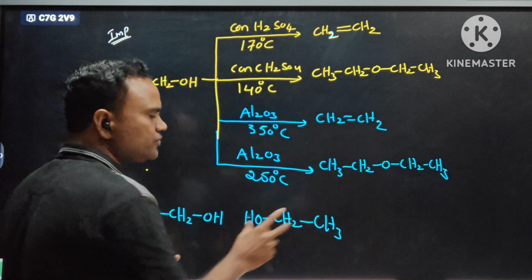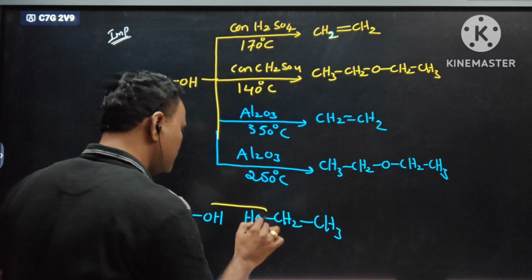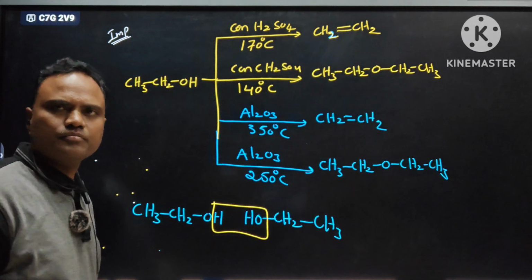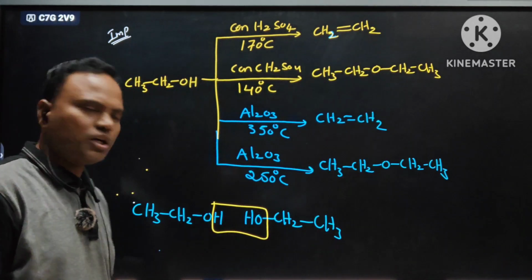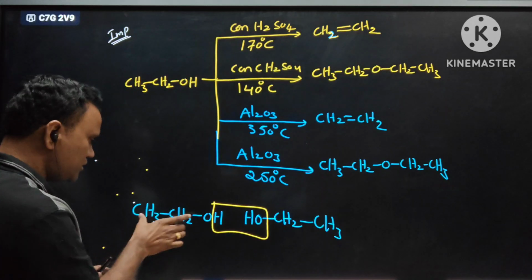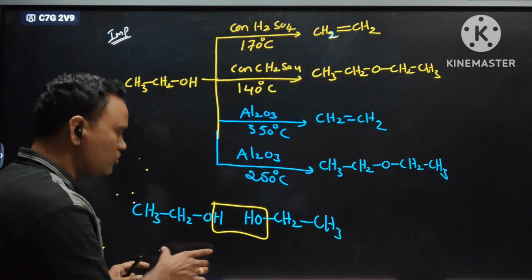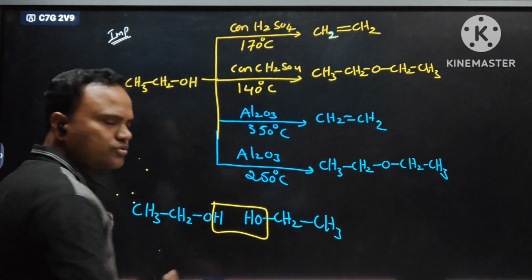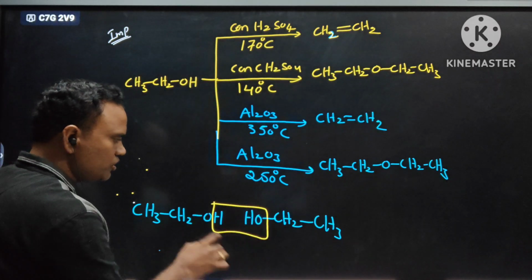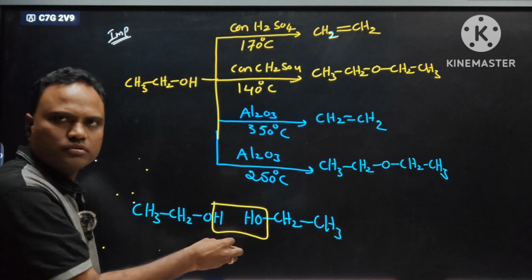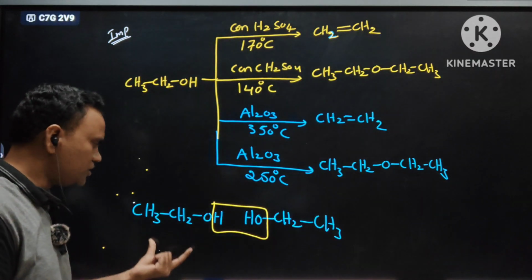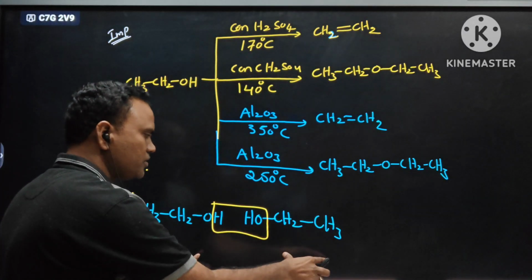Take 2 molecules of ethanol and remove a water molecule, OH and H. What will remain? CH3CH2O and CH3CH2.